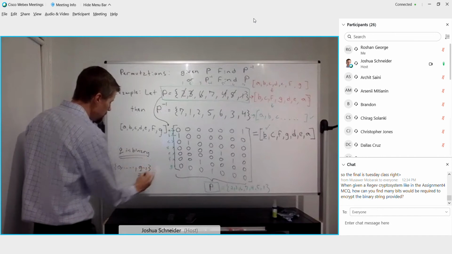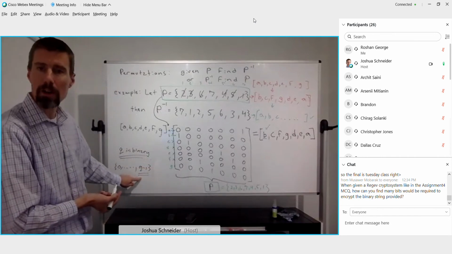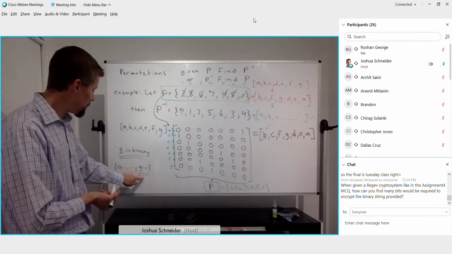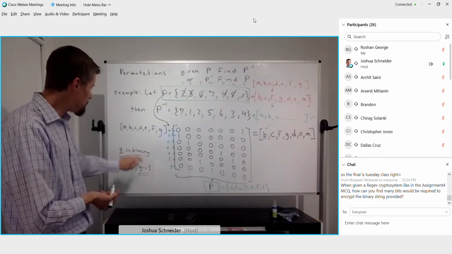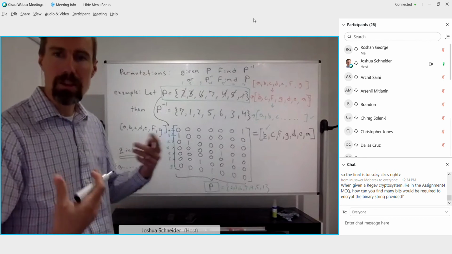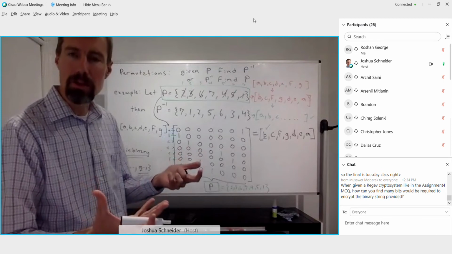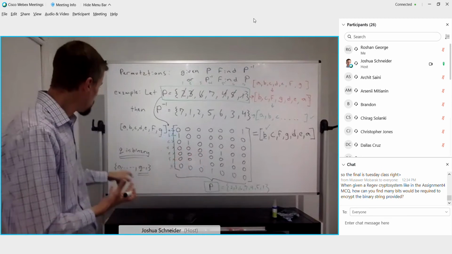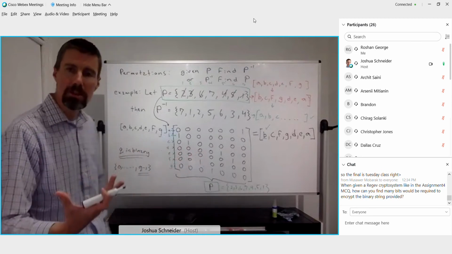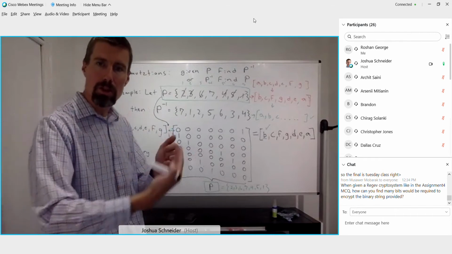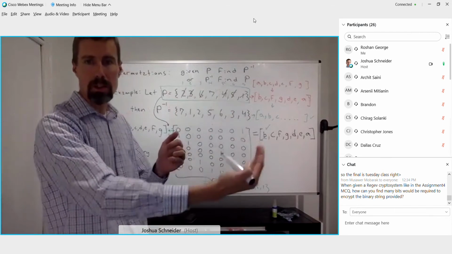So technically you could work out what the binary length is required for Q minus 1, but in practice people just say Q takes approximately, well, in our case the values are small enough we can work it out exactly. Q takes exactly 6 bits, therefore every integer you write down will require 6 bits.